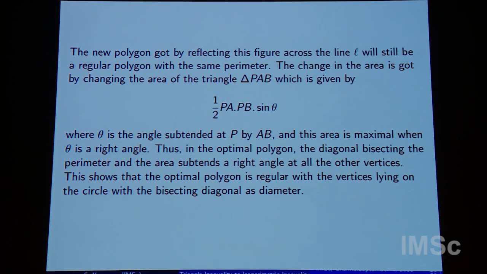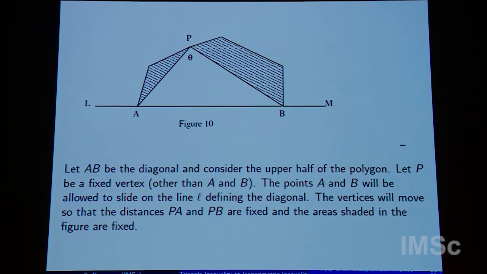So going back, for the optimal polygon this angle theta must be 90, and it does not matter which vertex I pick, every time it has to be 90. That means all the vertices subtend 90 degrees on this diameter, and therefore they all lie on the semicircle with this as the diameter.